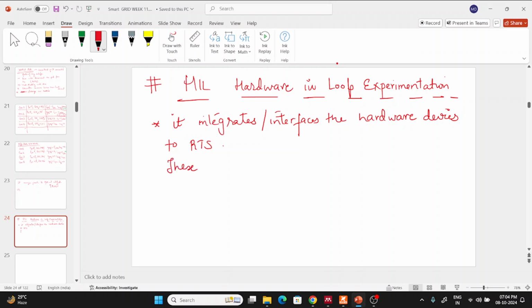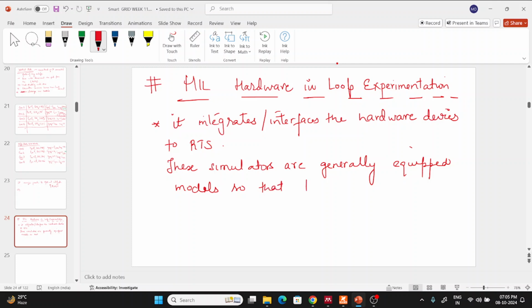These simulators are generally equipped with models, so that testing of any operation, or I would say any simulation, can be carried out.